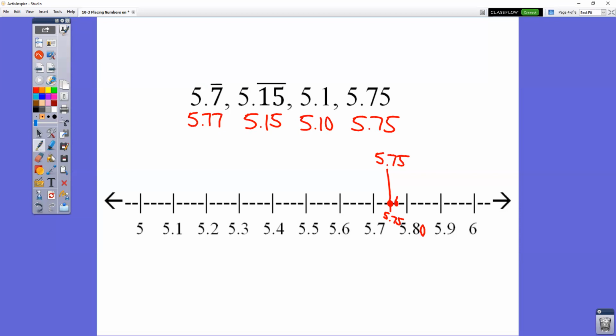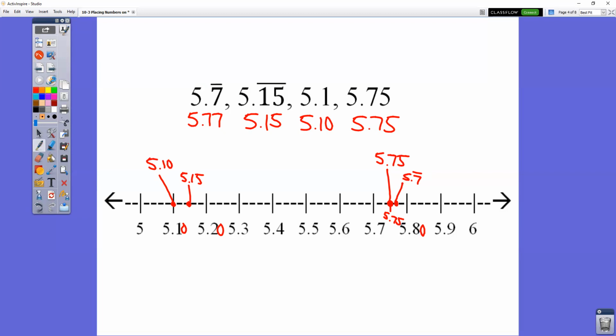So it's going to be right here, and that is 5.7 repeating. $5.15 is exactly halfway in between 5.10 and 5.20. And then for 5.10, there's already a little hash mark right there for 5.1.